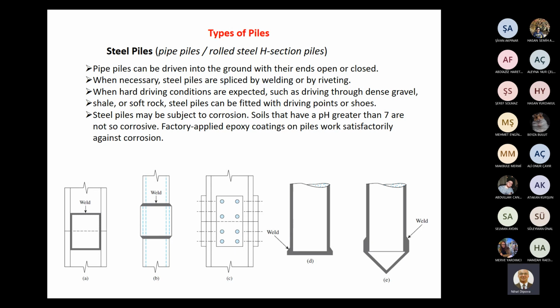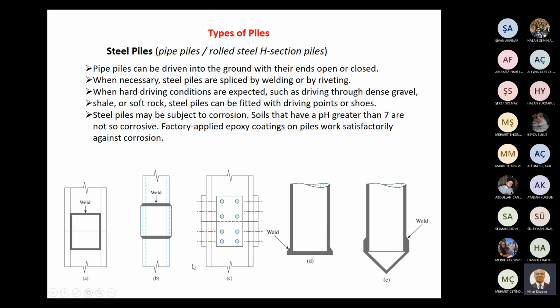When necessary, steel piles are spliced by welding or by riveting, such as shown in this figure. Figure B shows welding, and figure C shows riveting.